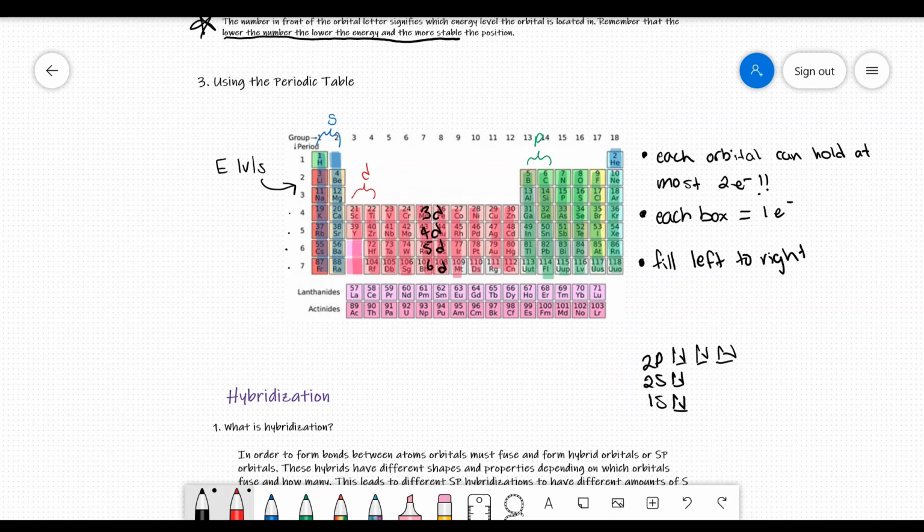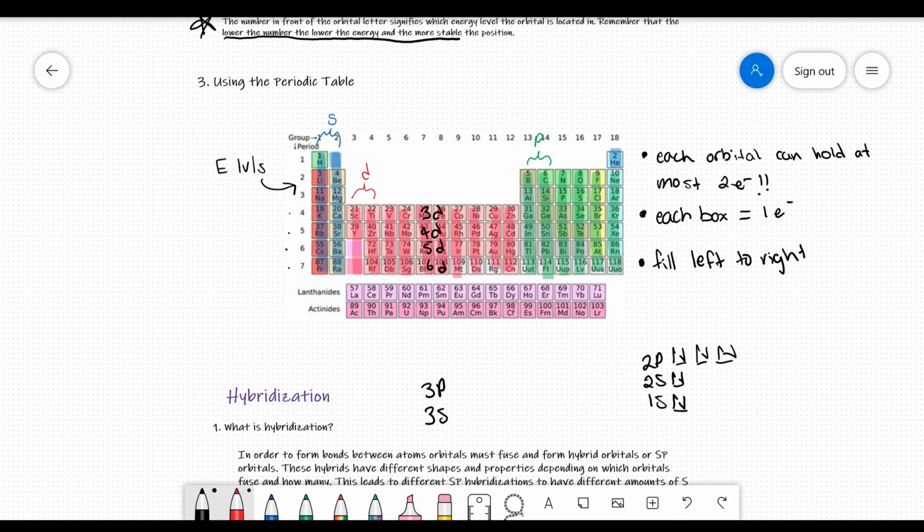But don't think about it like this. The way the periodic table is now is actually how you will fill it up in order. So like we said before, we always fill the lowest orbital first. So we would go to 3s, 3p. Now we're going to write the next orbital that will be filled.